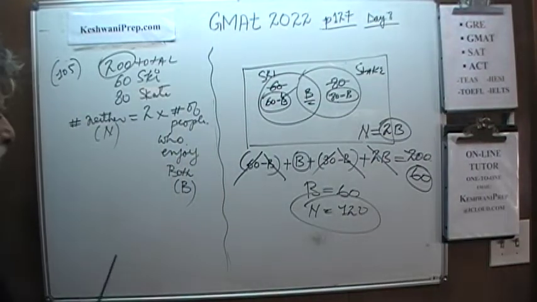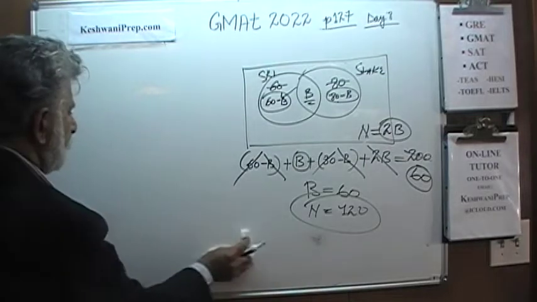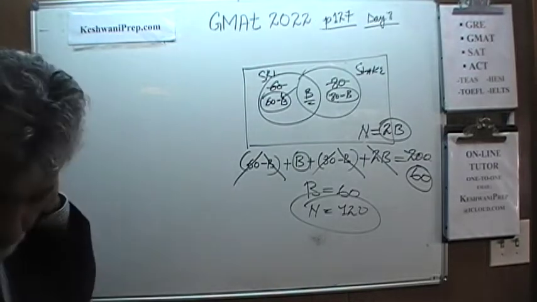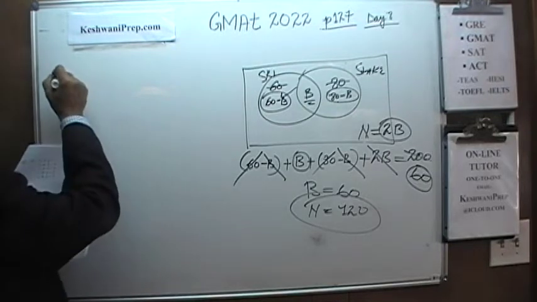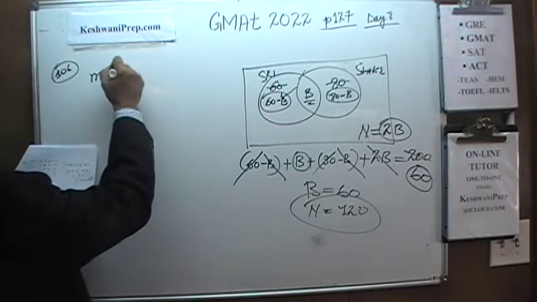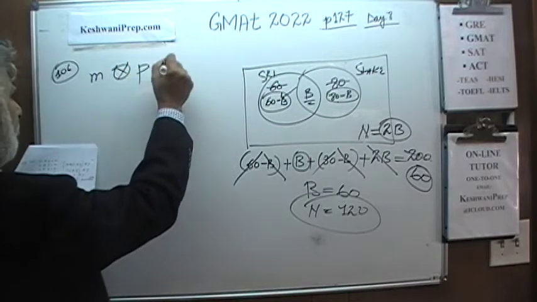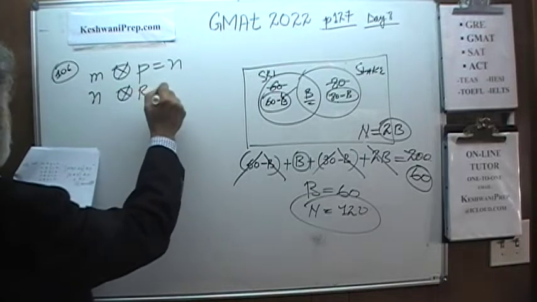Number 106. In number 106, we are given several operations, and they look something like this. We are told that m operation p equals n. n operation r equals m.